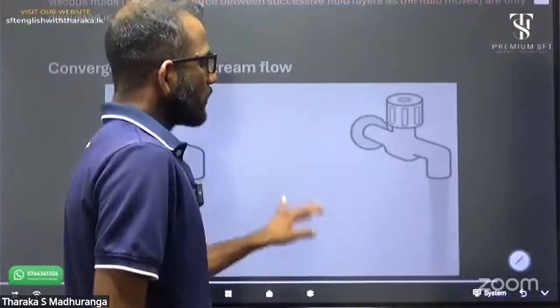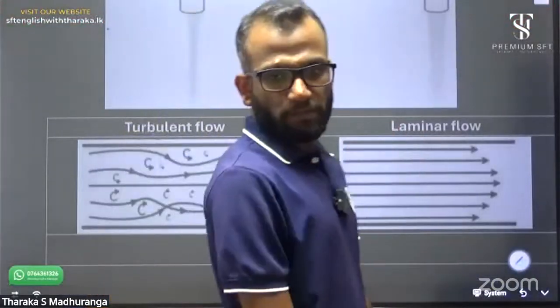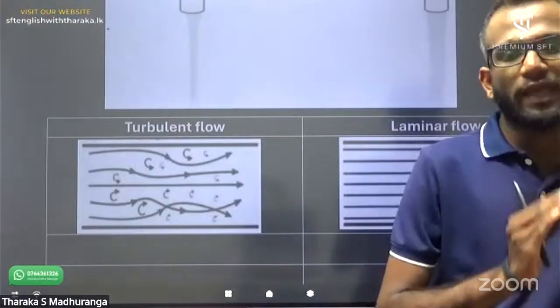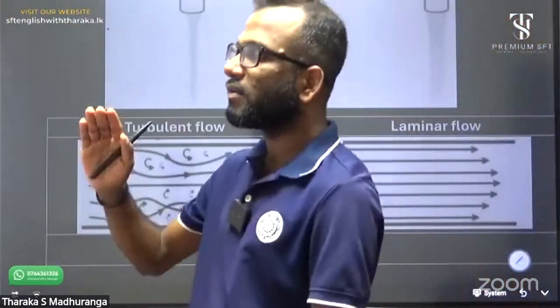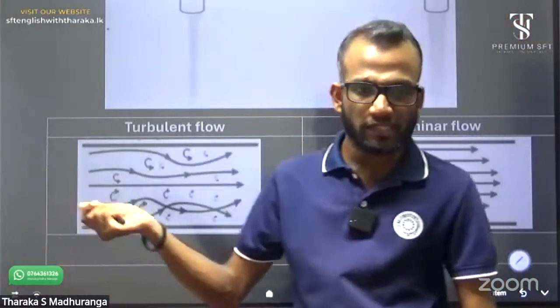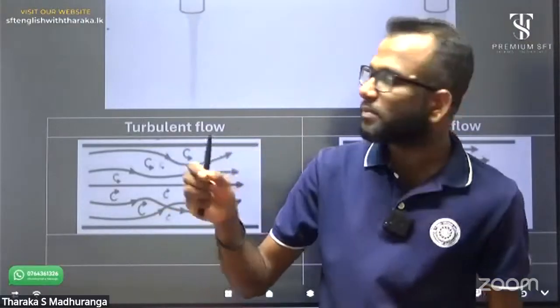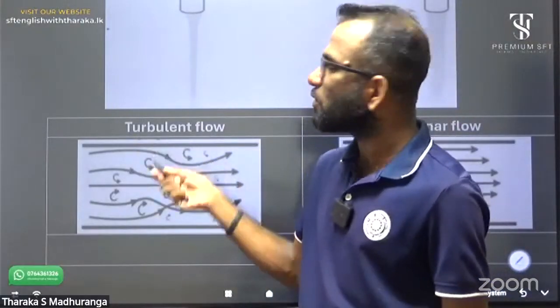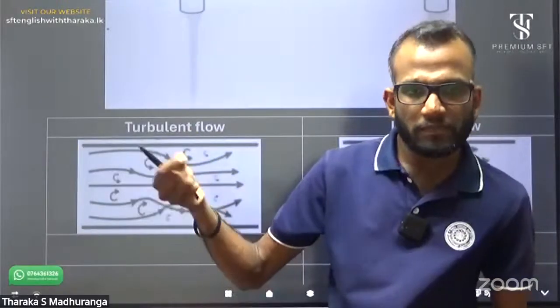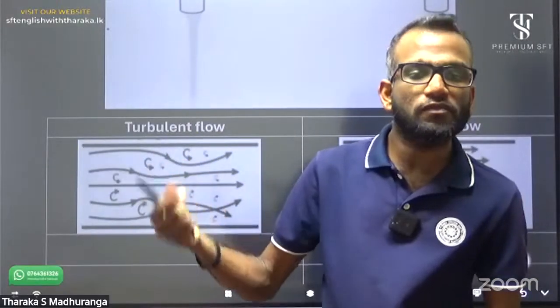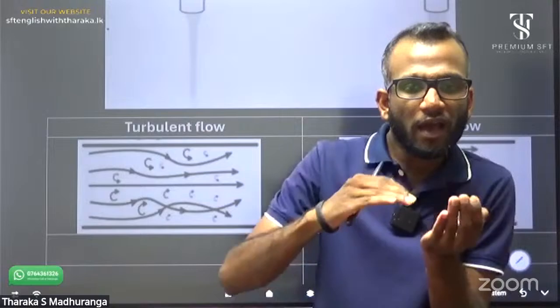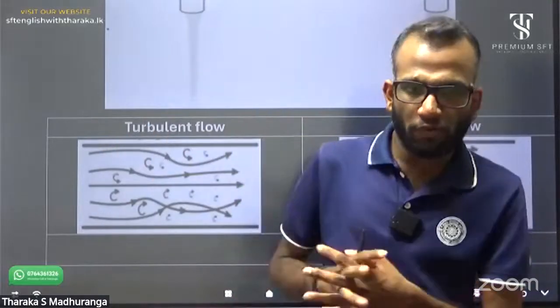Laminar flow's other name is stream flow, right? Turbulent means they don't have a specific direction, and the fluid particle speed also varies with time. From time to time the speed will vary, and they are high speed compared to stream flow.